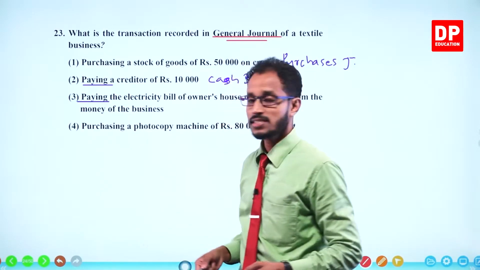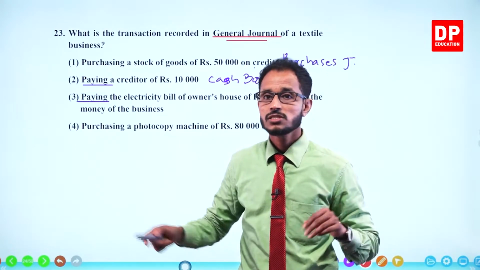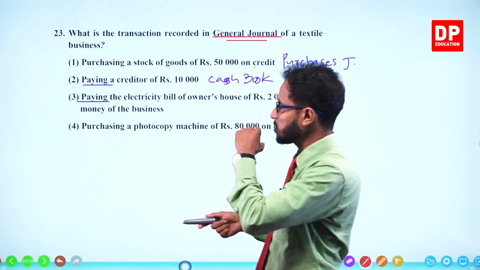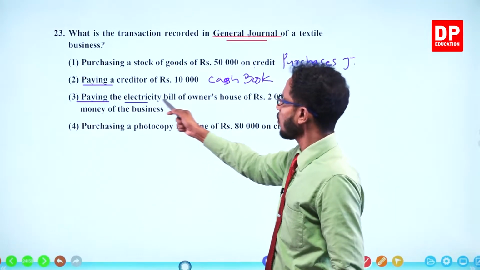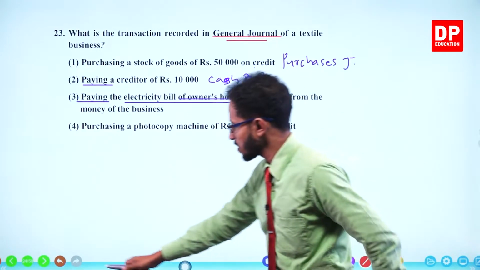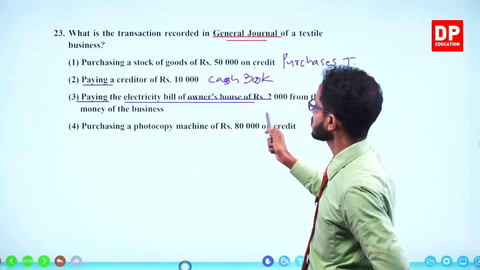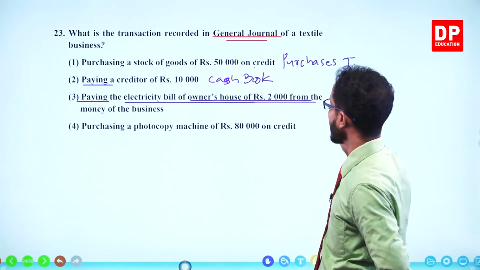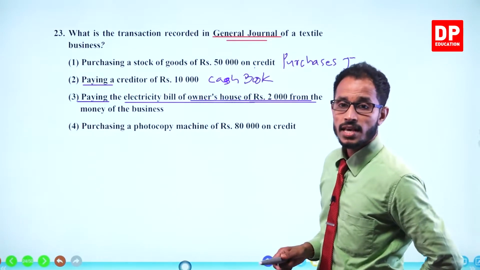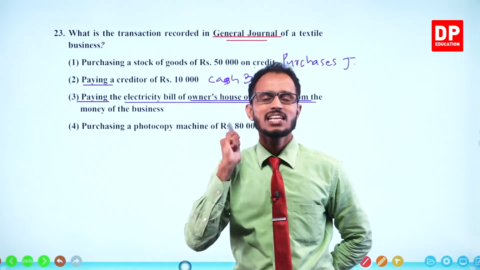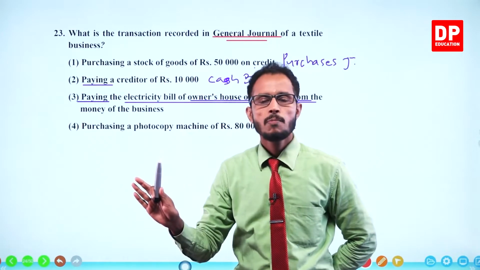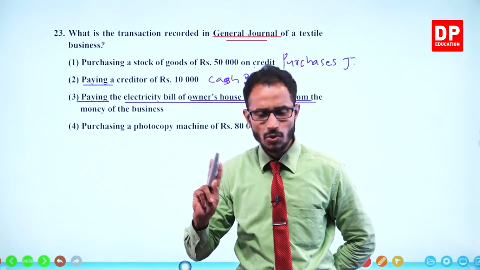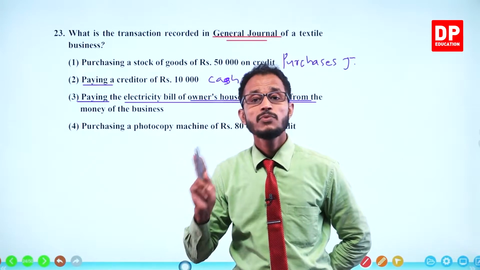There is another transaction. Third one also starts with paying. Paying means it goes to the cash book. Okay, but here children, electricity bill of the owner's house. No personal expenses of the owner should be paid with business money.